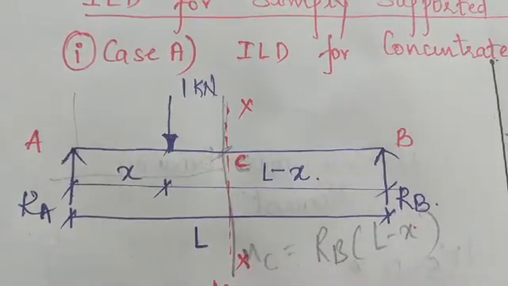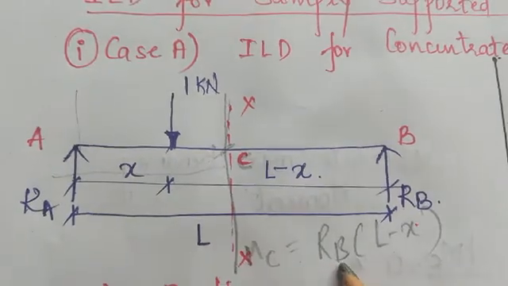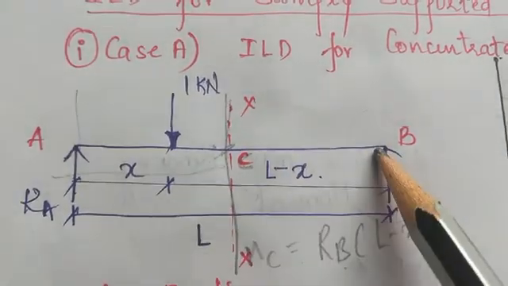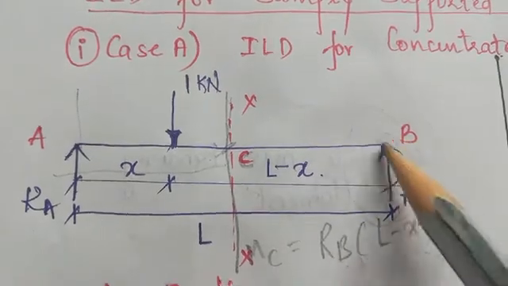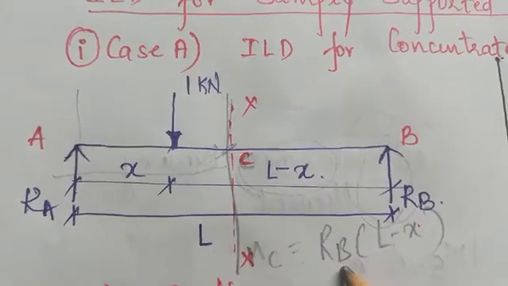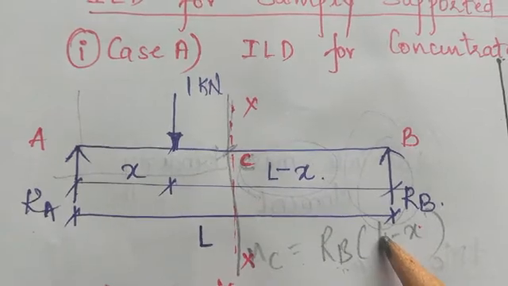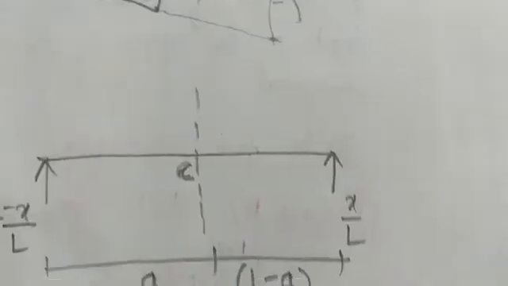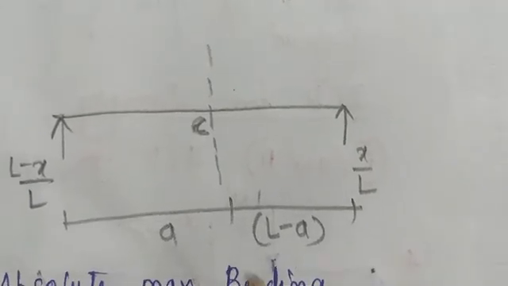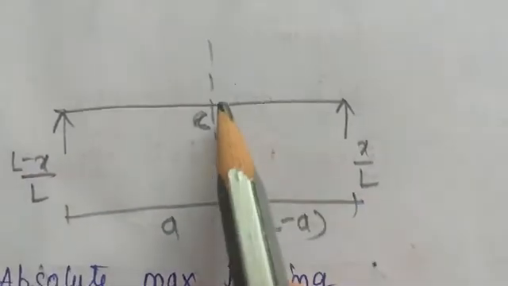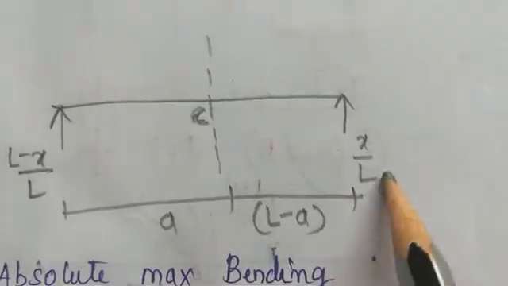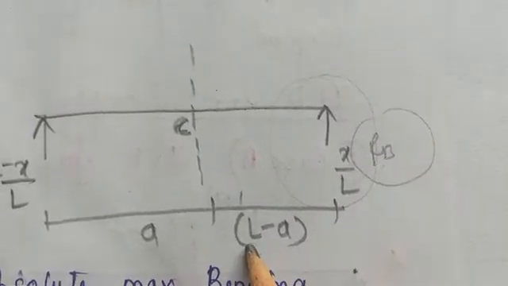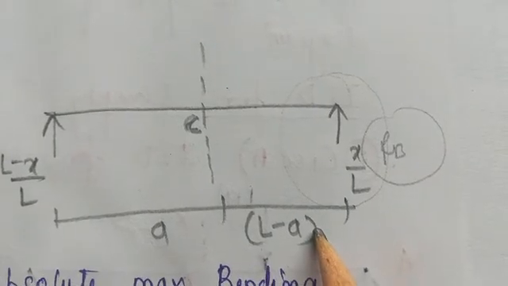Moment at C will be equal to, considering the right side portion, force into the distance. Moment is what? Force into perpendicular distance. So I get RB into L minus A. Moment at C, this is A, this is B. When I consider the right hand section, this is nothing but my RB into L minus A.